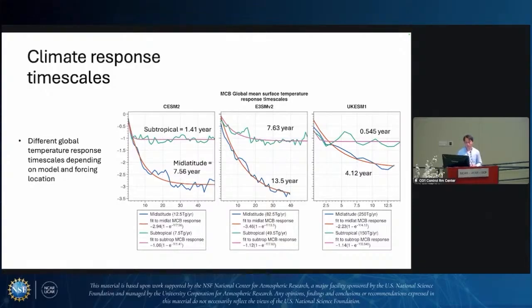In general, the global temperature response tends to saturate much more quickly to a constant sea-salt aerosol forcing in the subtropics rather than in the mid-latitudes. And then we also get fairly substantial differences across the models too. So in the case of UKSM, there's an E-folding time of about 5 years versus almost 15 years for E3SM.